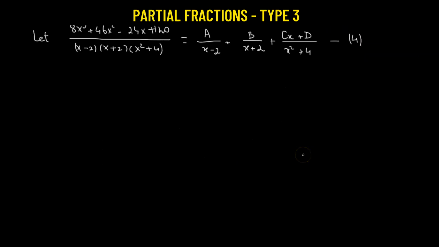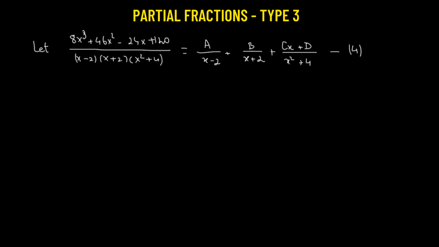So let us begin. This is going to involve some algebra. We'll begin with this equation, and multiply throughout by the denominator of the left hand side, which is x raised to the power of 4 minus 16, such that we get 8x cubed plus 46x squared minus 24x plus 120 on the left hand side.